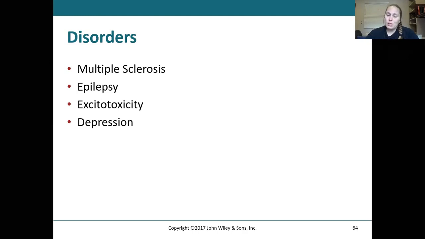And then depression, again, this is such an abbreviated list of disorders. Depression can be caused by misregulation of certain neurotransmitters, so things like serotonin and dopamine that regulate emotion can sometimes be the cause of depression. But again, depression is a very blanket diagnosis and can be caused by a whole variety of things, like we're talking about with epilepsy and multiple sclerosis.